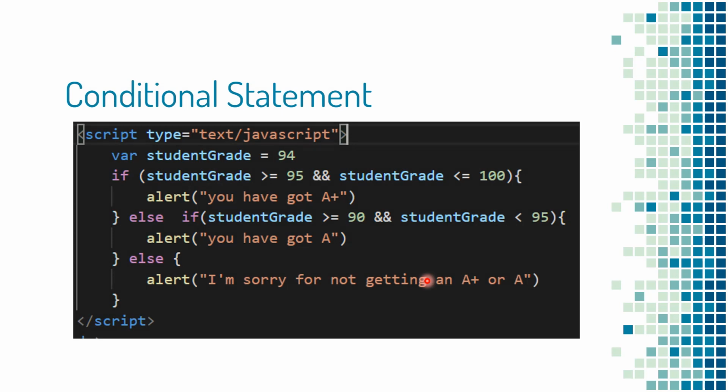So as with any other programming language, JavaScript is shipped with conditional statements where you can evaluate statements to check whether they are true or false. You can use if, if else if, and if else. You can use all these standard conditional statements, as you can see here.